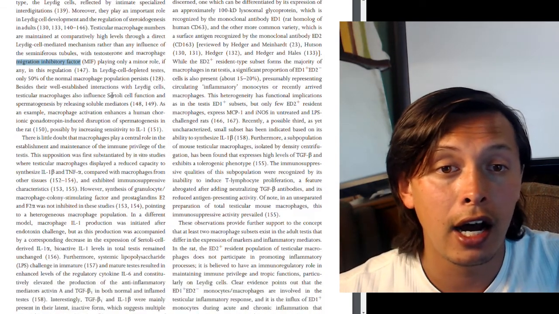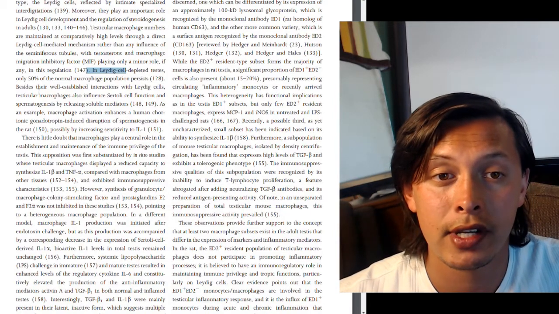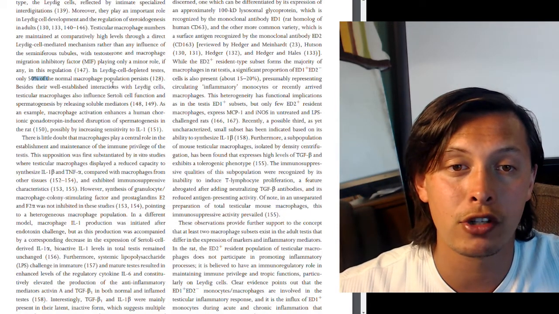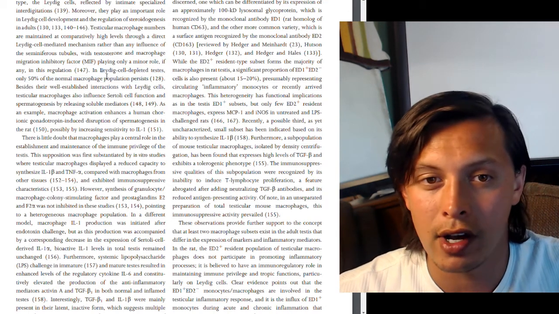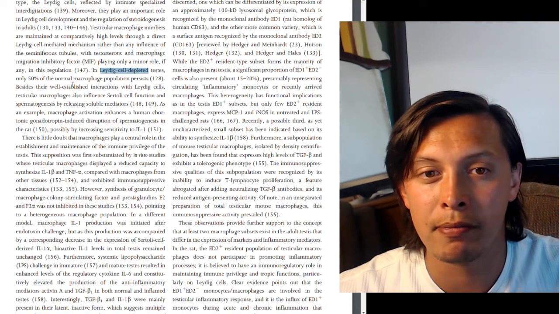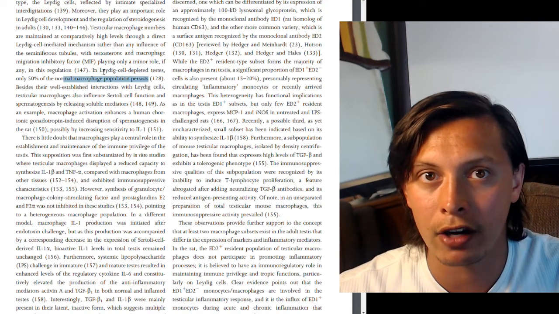Again, in Leydig cell depleted testes, only 50% of the normal macrophage population persists. So if you remove the Leydig cells, you will lose half of the macrophages. So the Leydig cells are purposefully keeping macrophages there.